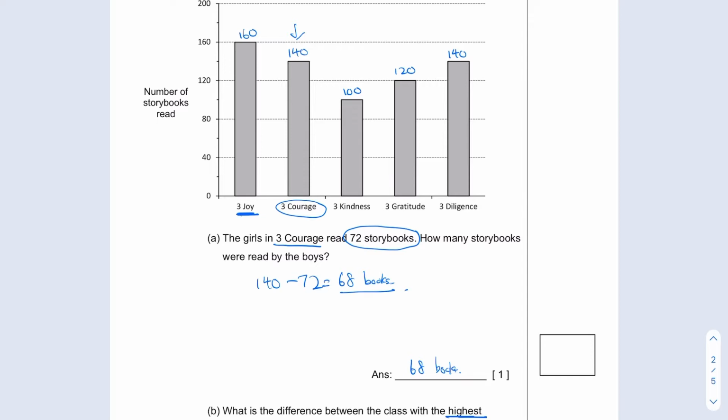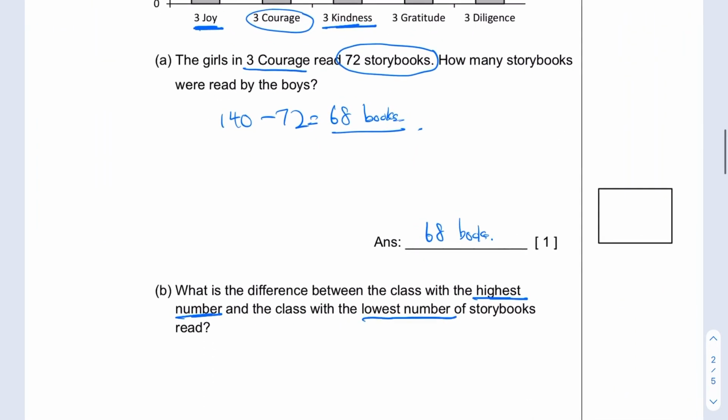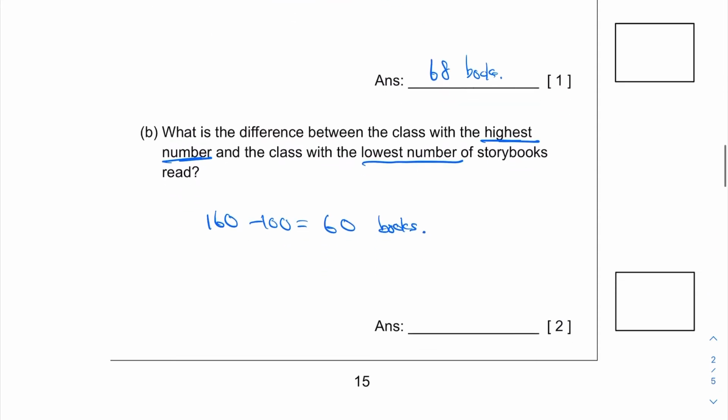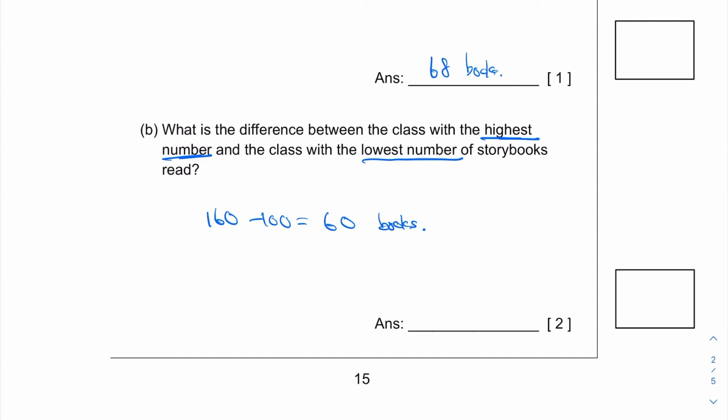And the lowest number of books read, lowest number will be 3 Kindness. So 3 Joy is 160 books. 3 Kindness is 100. Okay, so I will take 160 minus 100. I will get 60 books. Okay, so the difference here is 60 books.